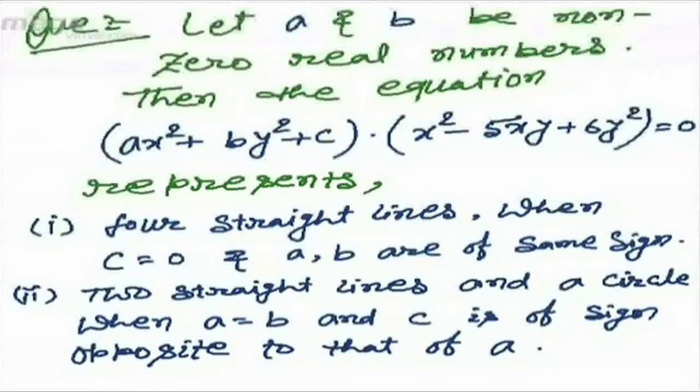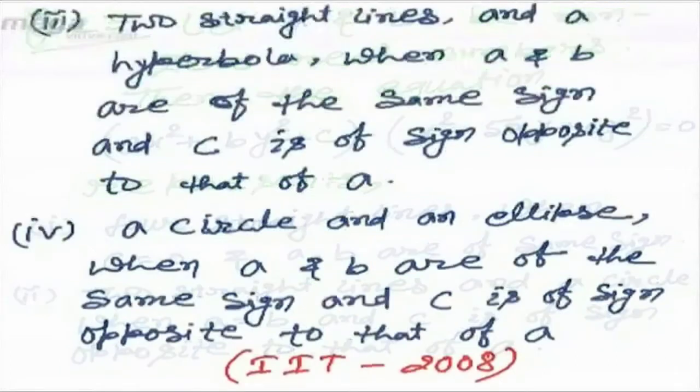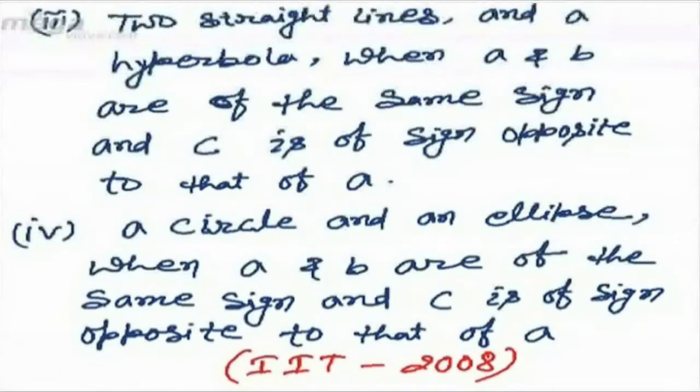So we will check the third option also, and in the third option the given condition is two straight lines and a hyperbola when a and b are of the same sign and c is of sign opposite to that of a. A and b are of the same sign and c is of opposite sign.